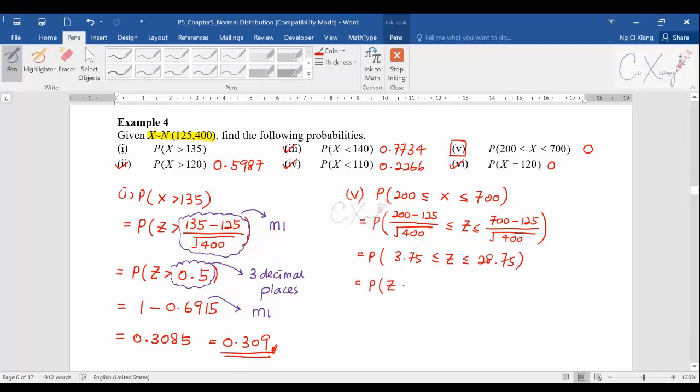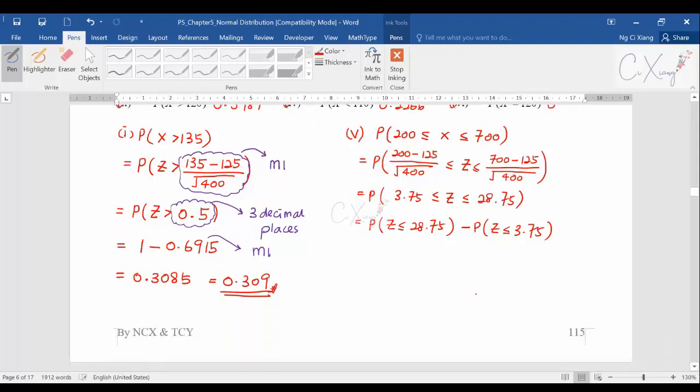Therefore, the next step would be P(z smaller than or equal to 28.75) minus P(z smaller than or equal to 3.75). So both are smaller than, right? So you can already find out the value from the table. Okay, so if you look at the table, you won't see the 28.75. The largest value that I think you can get is 2.999. Can you imagine, when you get the value for 2.999, the answer for smaller than 2.999 is very close to 1 already.